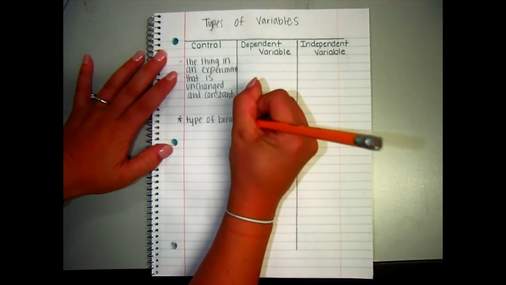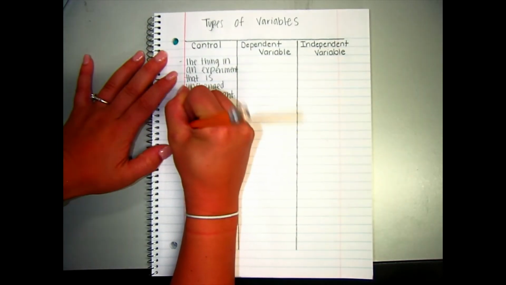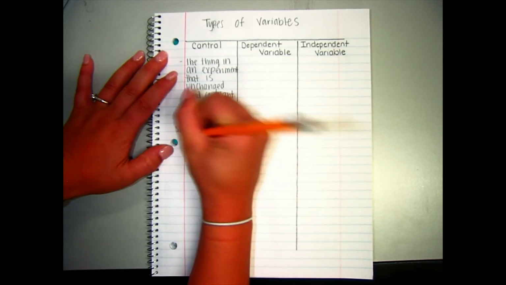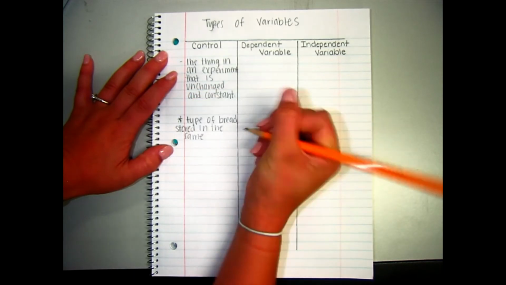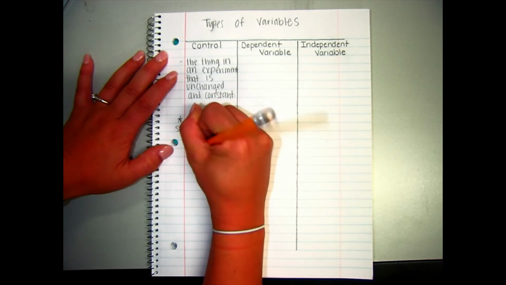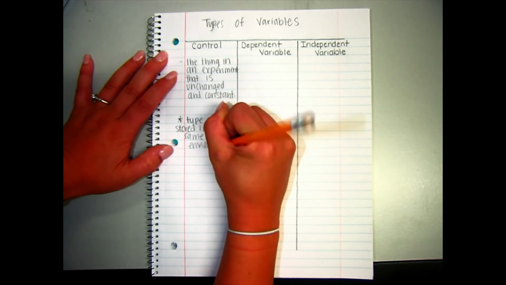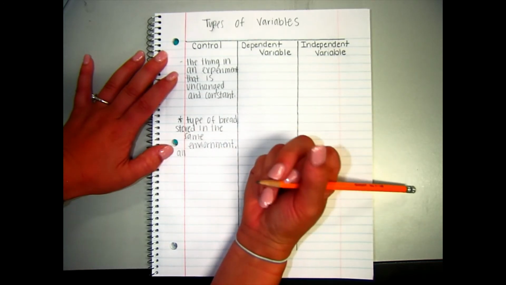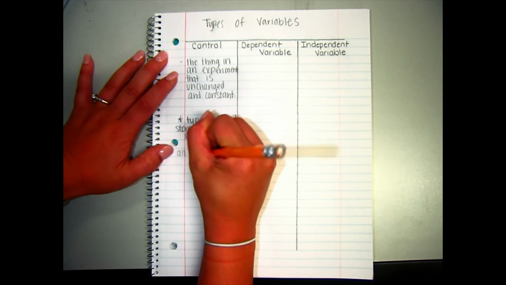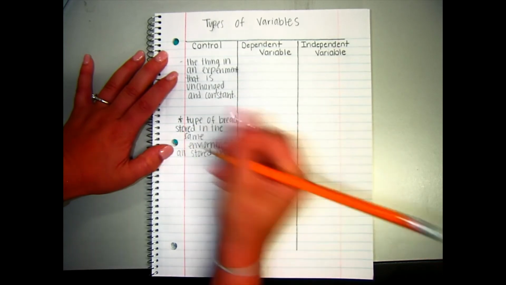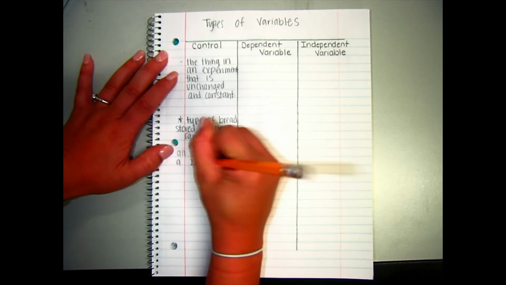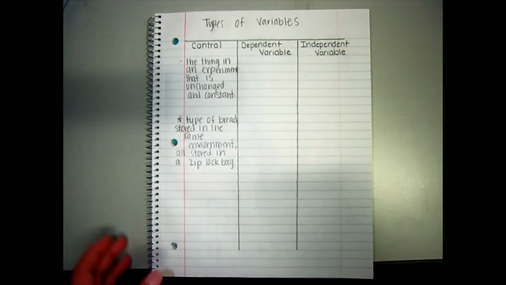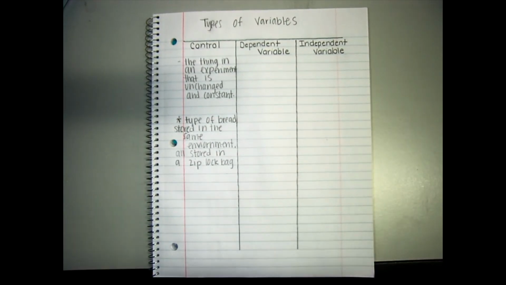So the type of bread, and then stored in the same environment, and then all stored in the same container, which was a Ziploc bag. So those would be the control variables. Those are the things that are staying the same.